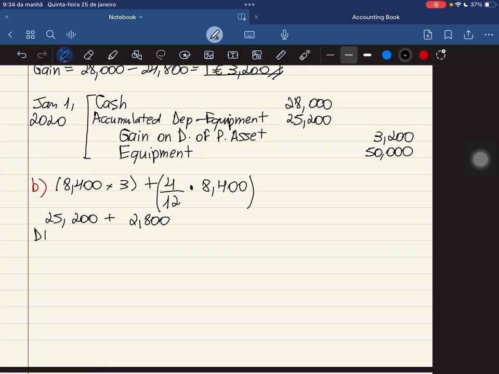Okay, let's calculate the full depreciation expense. That is 28,000. Depreciation expense or accumulated depreciation. But now we need to calculate the book value, which is just the cost of the equipment minus all of this accumulated depreciation so far.